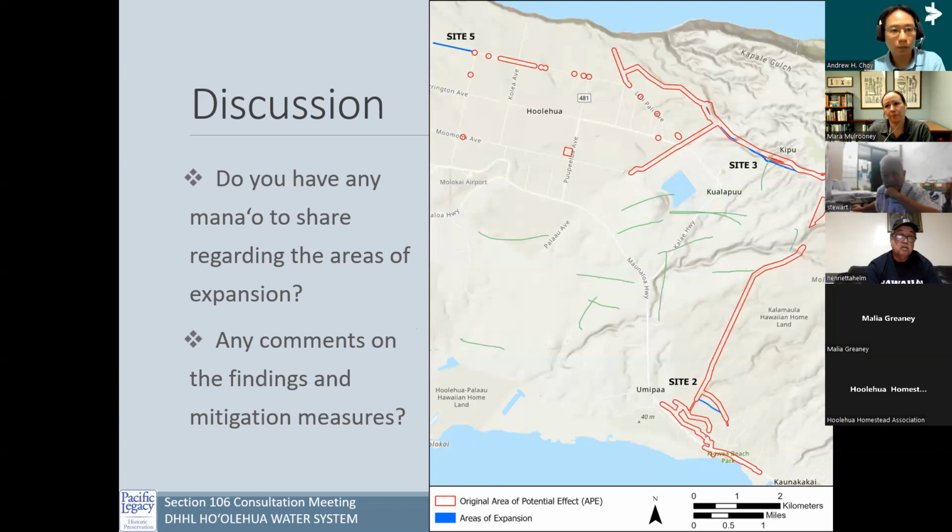And the system is still not completed. As Mara said, we're about maybe 60 to 65% completed. There's still the new steel tank that needs to be constructed that feeds Kalama'ula. There's also that existing tank in Kalama'ula that does break the pressure too.